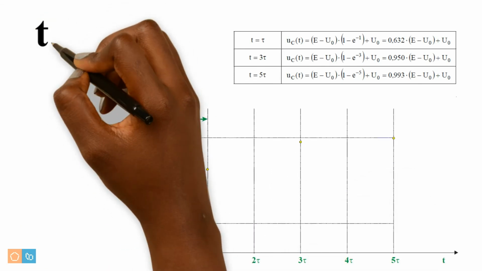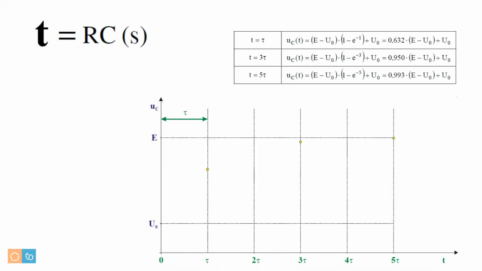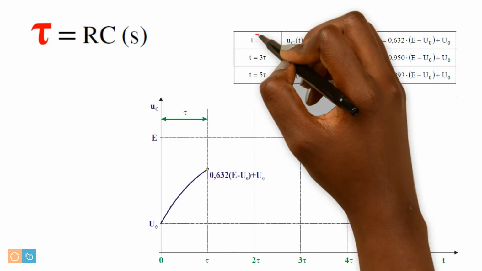After a time equaling R times C, the voltage across the capacitor terminals, initially charged with a voltage of U0, reaches 63.2% of the value of E minus U0 plus U0. This time period, R times C, is called time constant, which is represented by the letter tau.